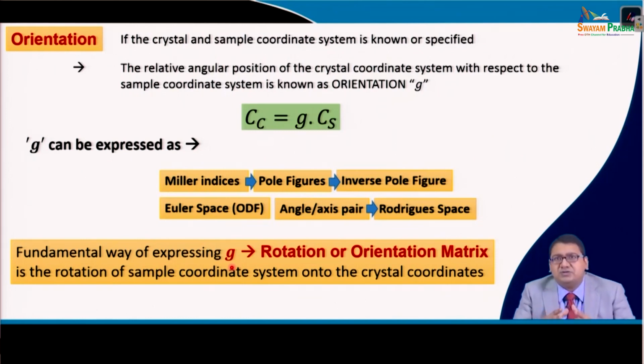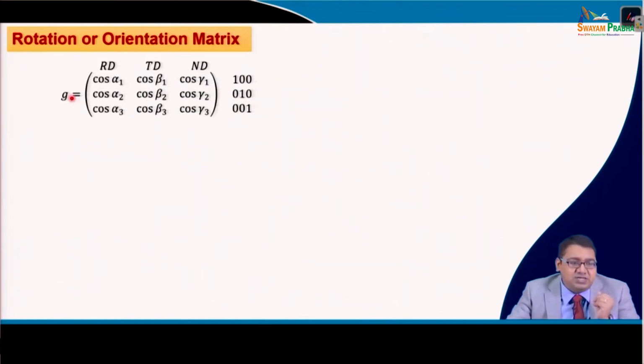And what is the rotation or the orientation matrix? It is the rotation of the sample coordinate system into the crystal coordinate system, and that also we have seen in the previous lectures. So, G is equal to the matrix which contains cos alpha 1, which is the relationship between the sample coordinate system RD, that is the rolling direction, and the crystal coordinate system 1 0 0.